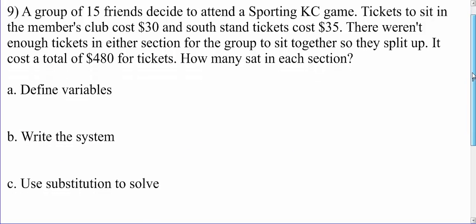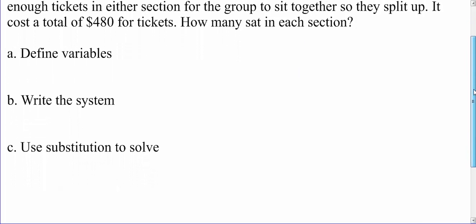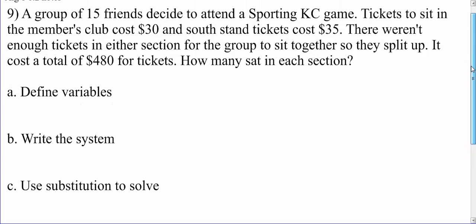A little reading here. 15 friends decide to attend a Sporting KC game. Good choice. It's $30 to sit in the members club, and the South Stand tickets cost $35. They couldn't all sit together. I'm paraphrasing here. I know you guys can read it, but it cost a total of $480 for the tickets. They just had to split up.